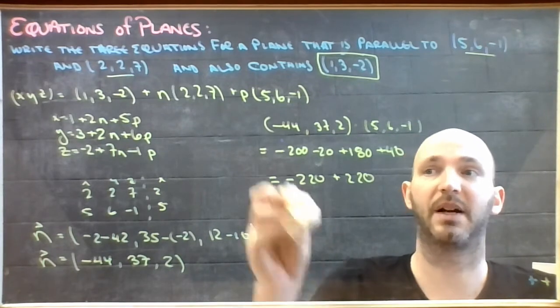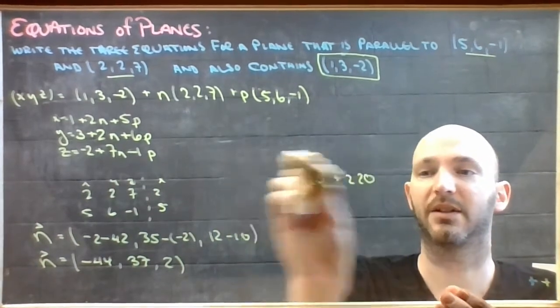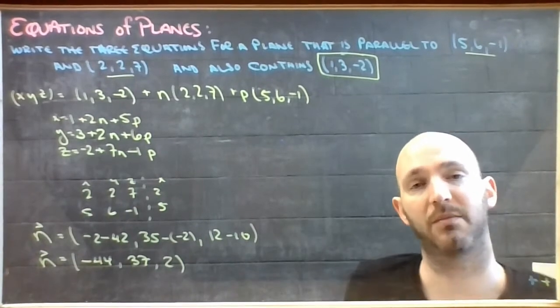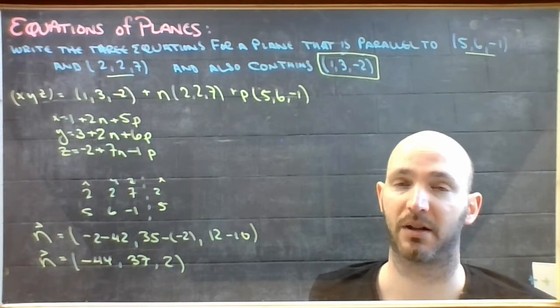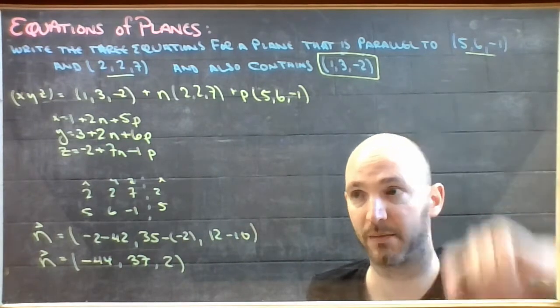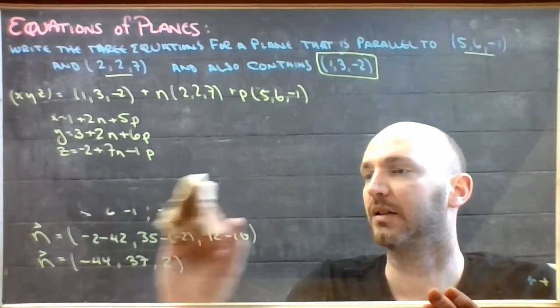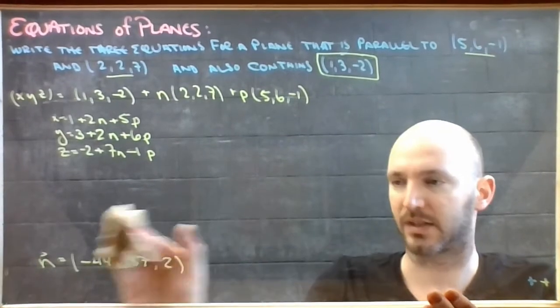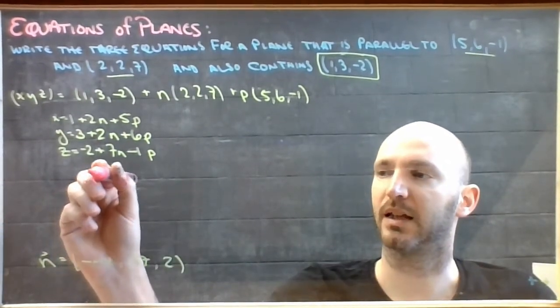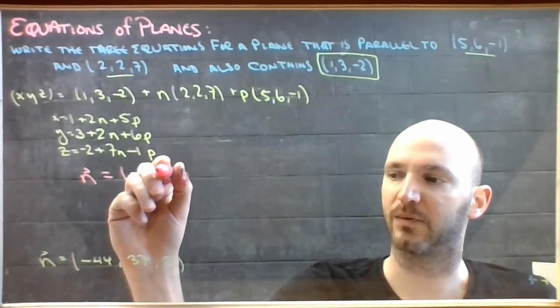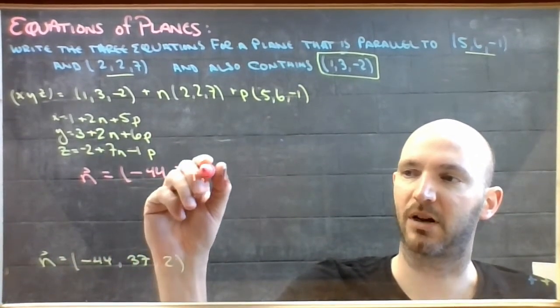So now that I have my normal vector, to get the Cartesian, I just need to do a dot product with the generic coordinates x, y, z, and the dot product of the normal with the point I'm trying to get to. So just determine that n is -44, 37, 2.